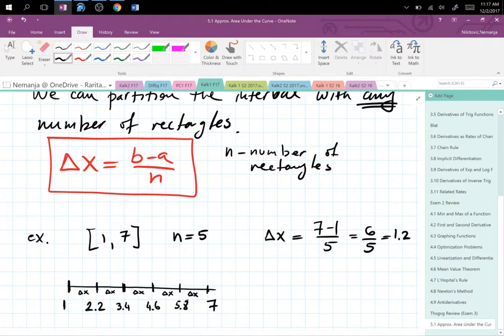So delta x can be anything. It doesn't have to be 1 or a half. It can be any value. Your job is to compute the function at that value, whatever you get, and multiply by delta x, in this case 1.2.